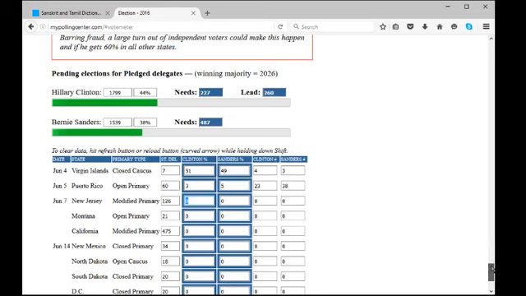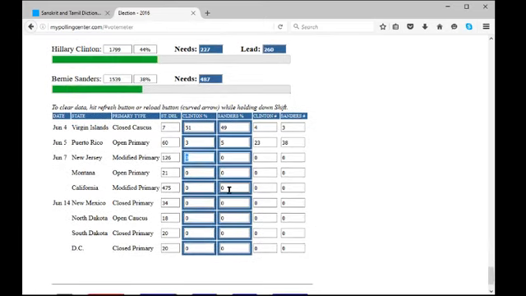So this whole thing is that they are aiming at California. Why are they aiming at California? Look at this number, 475. 475 means 1% of the vote means 4.75 delegates.